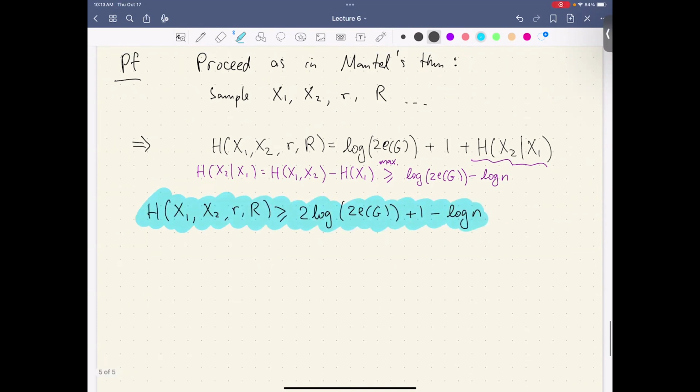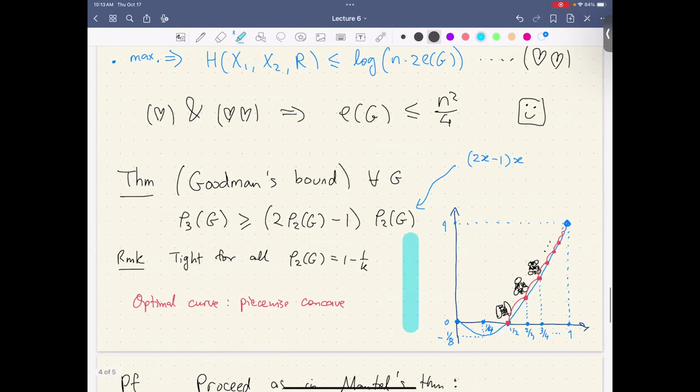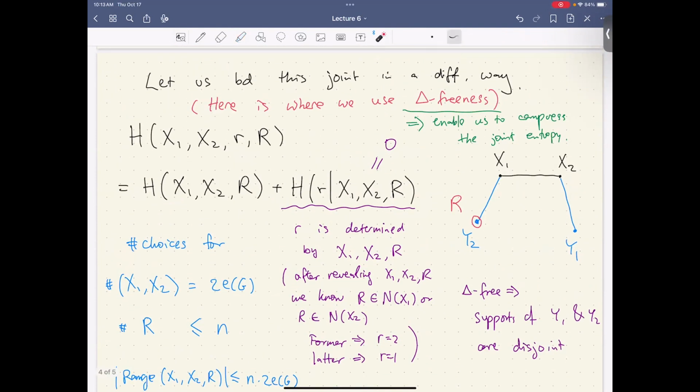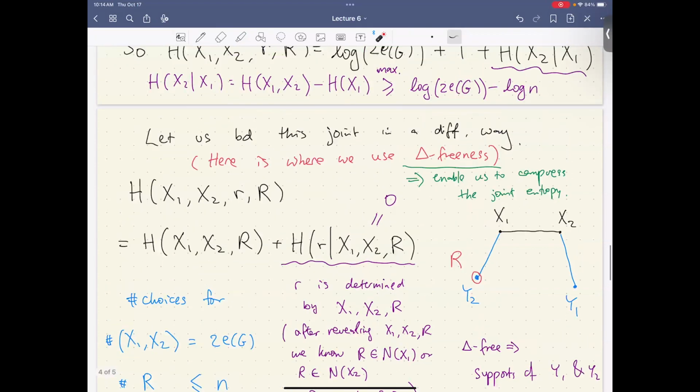Now let's estimate in another way. This is where it differs. When we estimate in another way, again, we're going to break up this joint entropy. Changfang is asking why we need to specify this random variable little r.